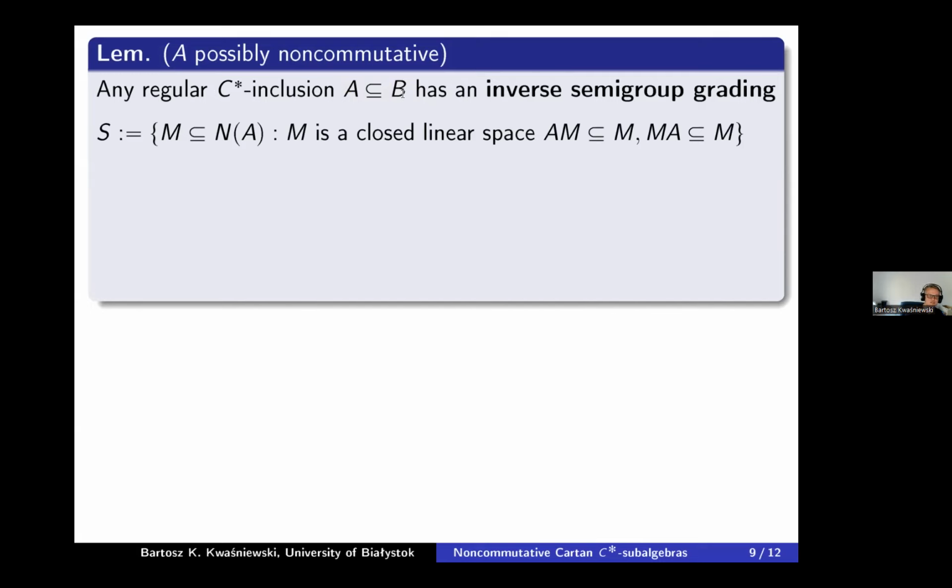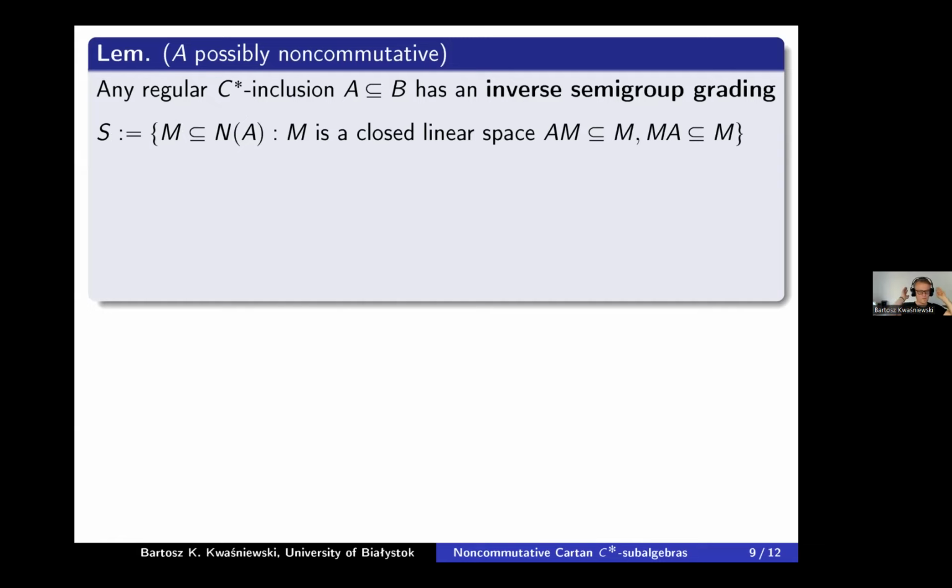So whenever you have this inclusion of C*-algebras A and B which is regular, meaning that it has a lot of normalizers, we take S to be the set of spaces M, where M is a closed linear space consisting entirely of normalizers, and it is also an A-bimodule. So whenever we multiply M by A, we land in M, and the same from left and right.